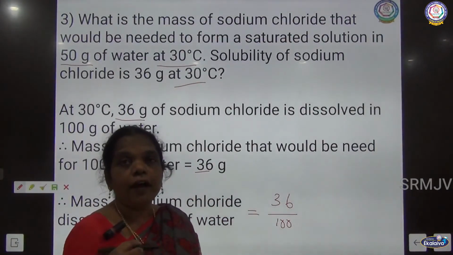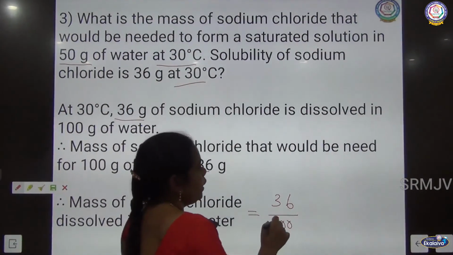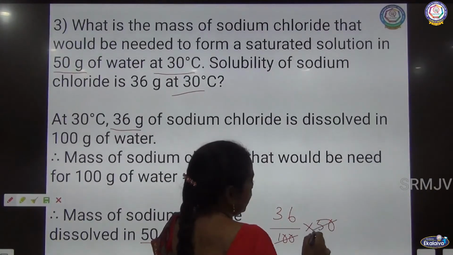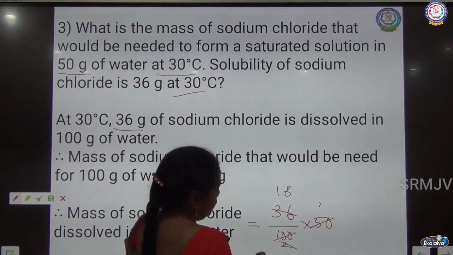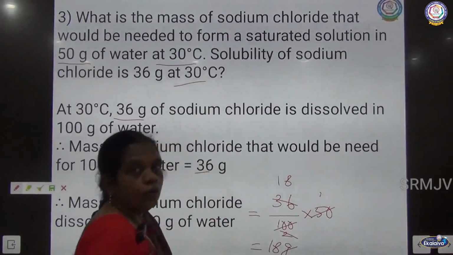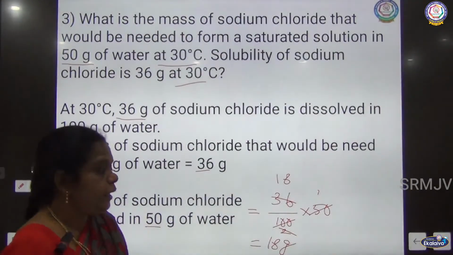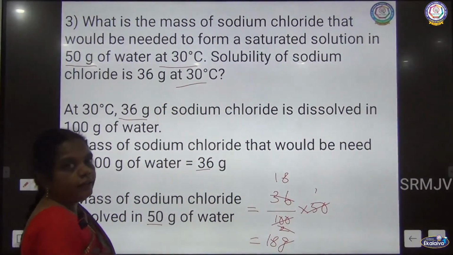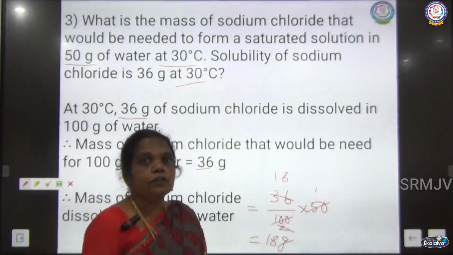Now we want to find out for 50 gram, so into 50. So this can be cancelled by one time and 2, and this one 18. So equal to 18 gram. Now, how much amount of solute we need is 18 gram for 50 gram of water. The water is nothing but the solvent for preparing the saturated solution.